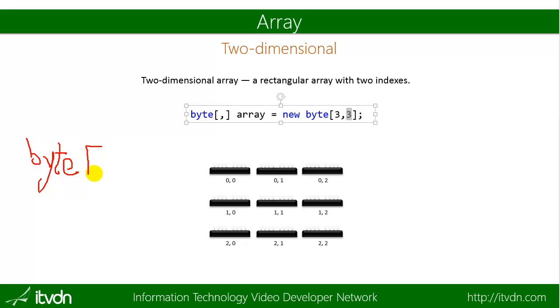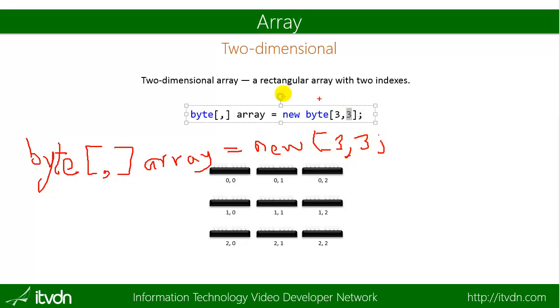Then in your open and close square brackets, you have your comma, which means you have 1 dimension here and 1 dimension here. And then you write the name of your array, in this case array. Next, new, and you have 3 by 3, exactly what we have here. So here we have 1 dimension, here we have another dimension.